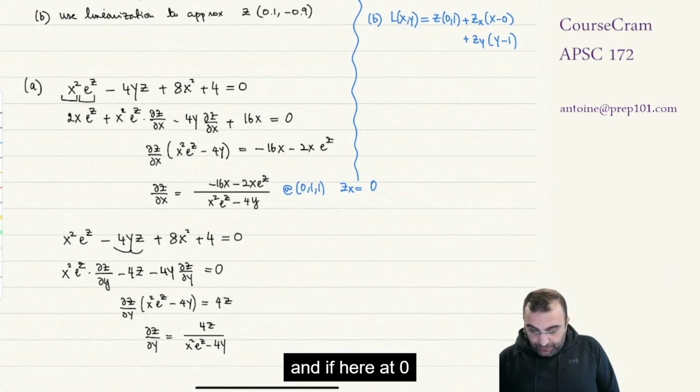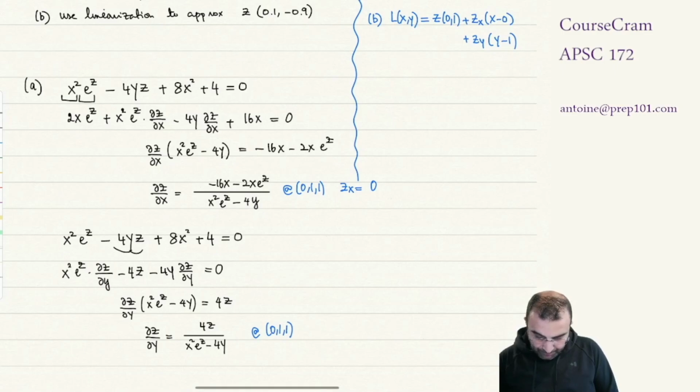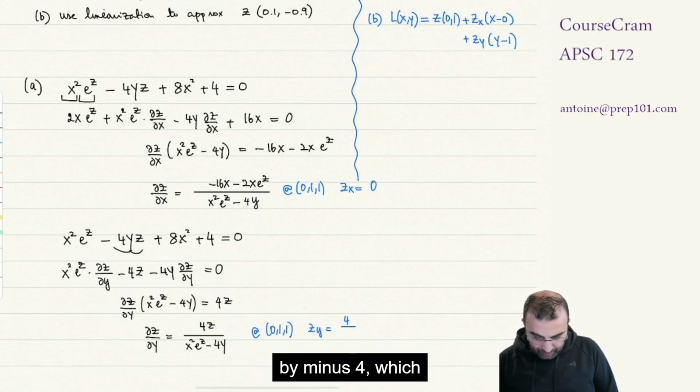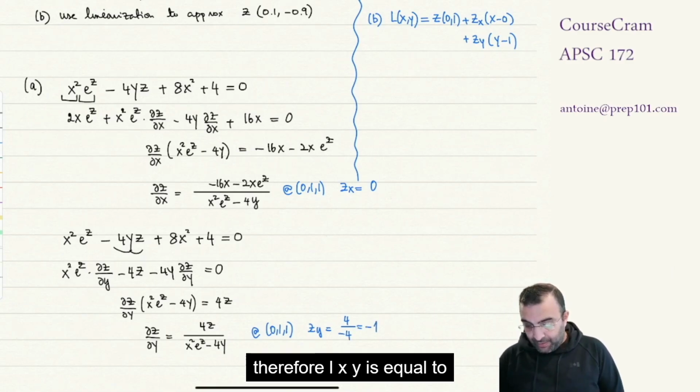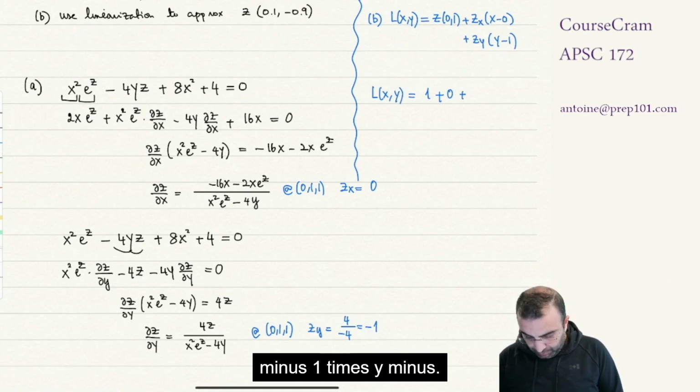And at (0, 1, 1), z sub y is going to be 4 divided by minus 4, which is minus 1. Therefore, L(x,y) is equal to 1 plus 0 minus 1 times (y minus 1).